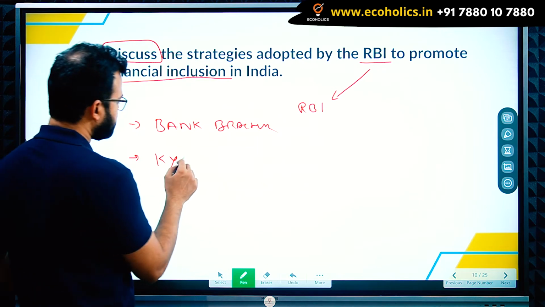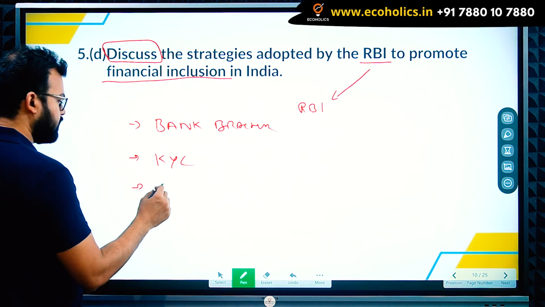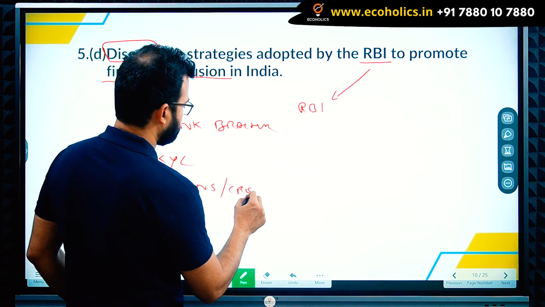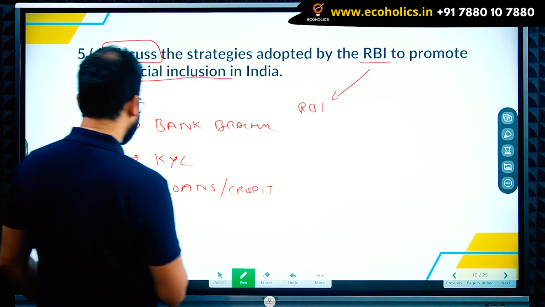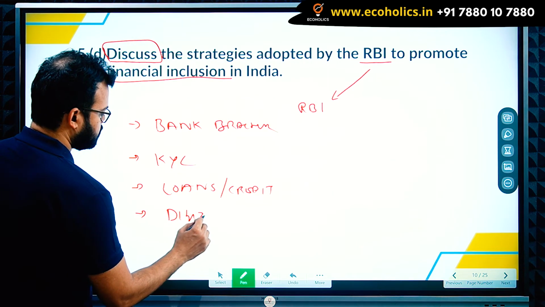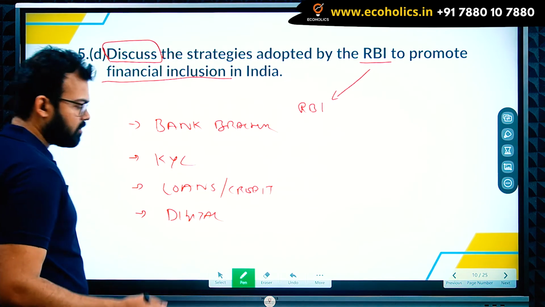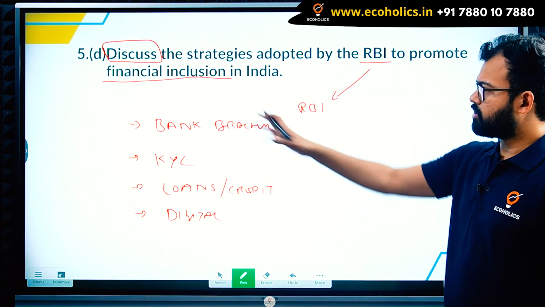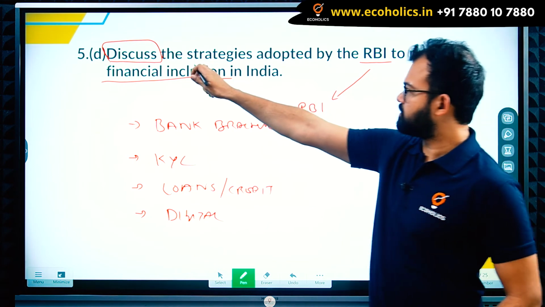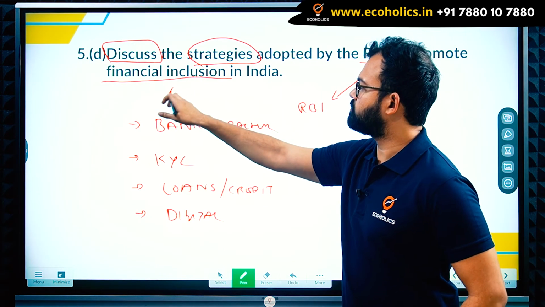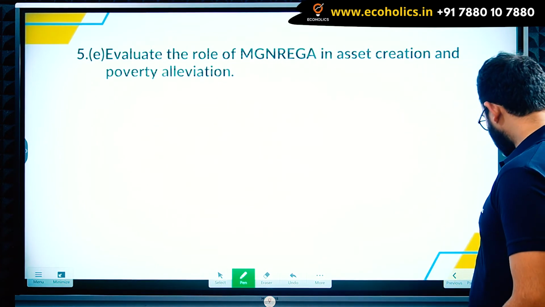We can say relaxation of KYC norms and easy access to loans and credit, less documentation, and digitalization of the banking system. These are the initiatives taken by RBI, and you can write many because it is written discuss the strategies. So strategies in order to promote financial inclusion, that you have to write. I hope you understand.